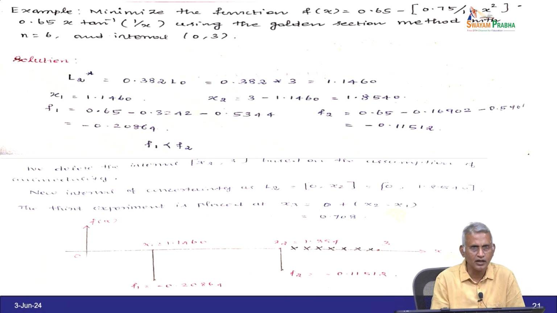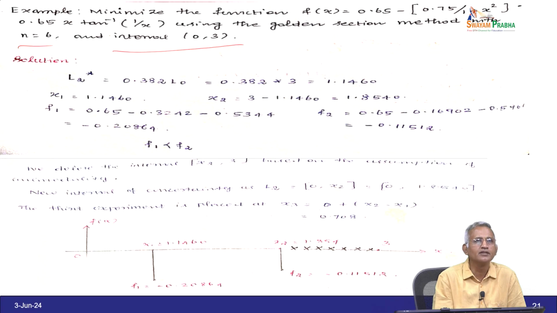Now, let us discuss one example. Minimize the function f of x equal to 0.65 minus 0.75 by 1 plus x square minus 0.65 x into tan inverse of 1 by x, using the Golden Section method with n equal to 6 and the interval 0 to 3.